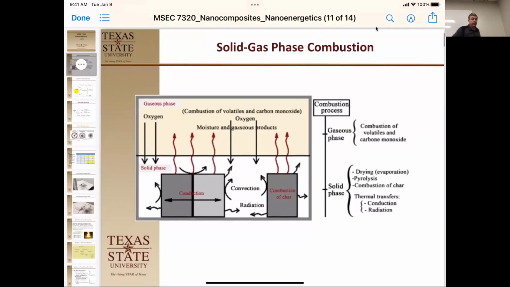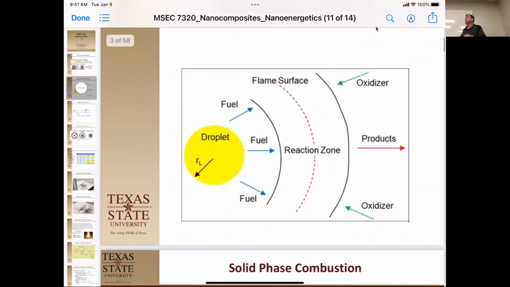However, it's a little different when you have a droplet. When you have a droplet, you have different phases. So if you have a droplet of fuel, and this could be anything that's a liquid here, you're going to have the fuel coming out, diffusing out to where the oxygen is diffusing in, and therefore there's a zone, depending on how fast this is diffusing out and how fast this is diffusing in, where the combustion actually takes place. So it never actually takes place at the surface of the droplet.